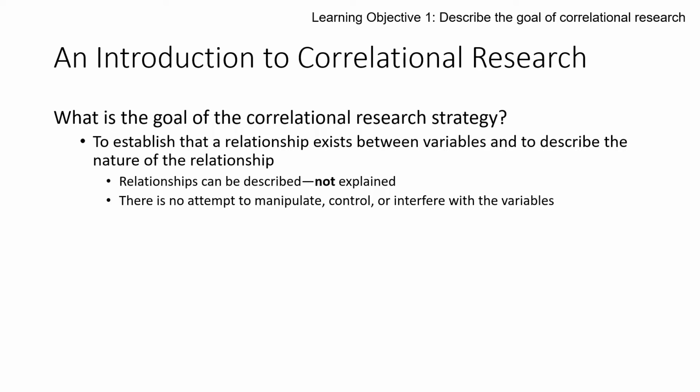So relationships can be described but not explained. You can't explain why there's a relationship, but you can describe what the relationship is. As a result, there's no attempt to manipulate, control, or interfere with the variables, just to see if those variables relate to each other.